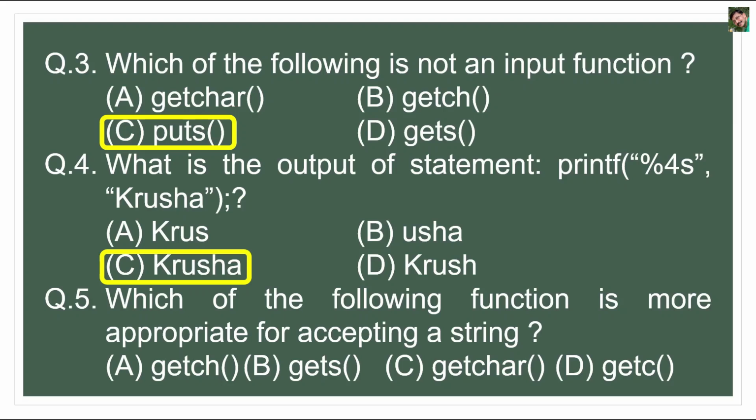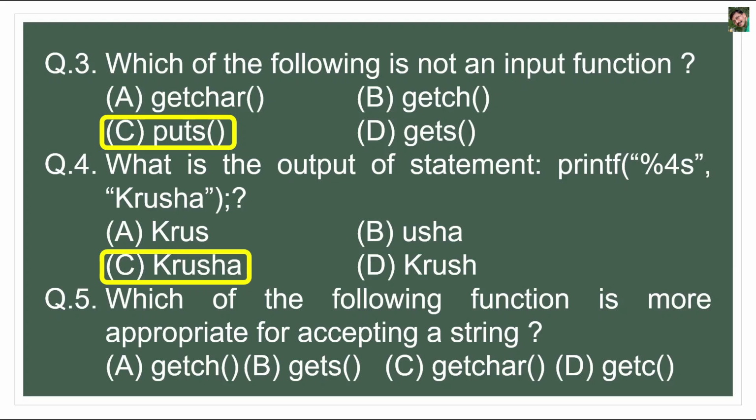Question number 5. Which of the following functions is more appropriate for accepting a string? When you want to accept a string, that is inputting the string, which of the following functions is more appropriate? Again, if you see here, all are get, so all are accepting. But get ch is accepting one character. Option C, get character, is also accepting only one character.